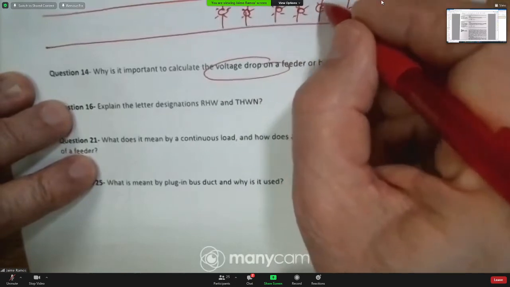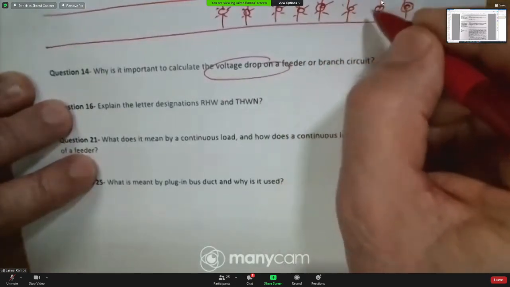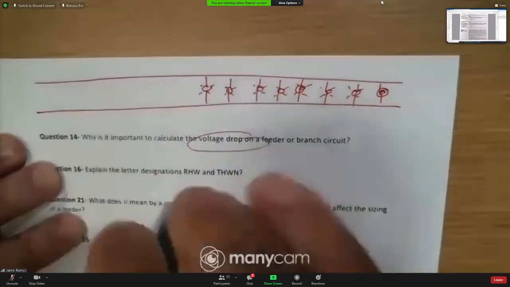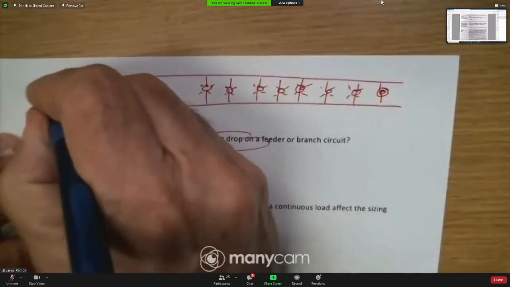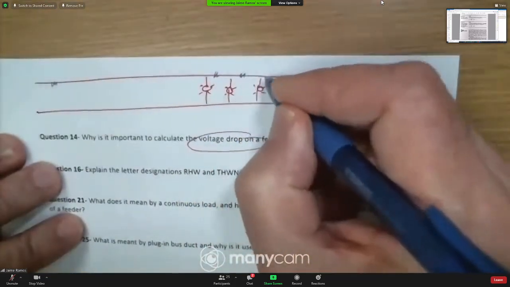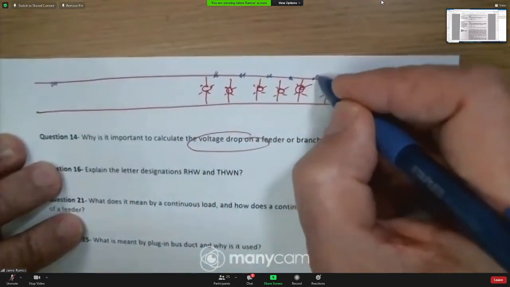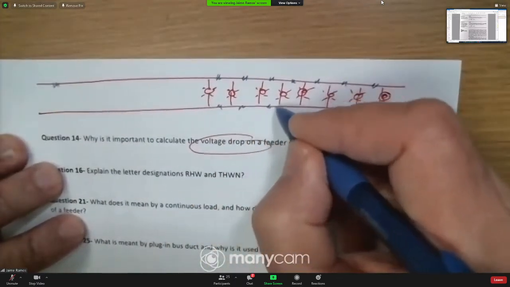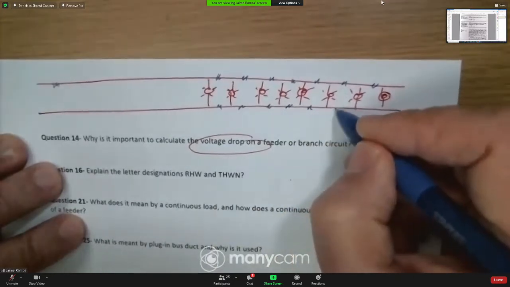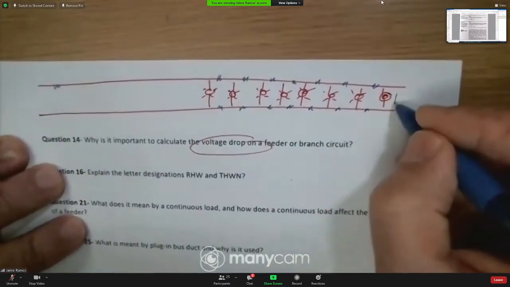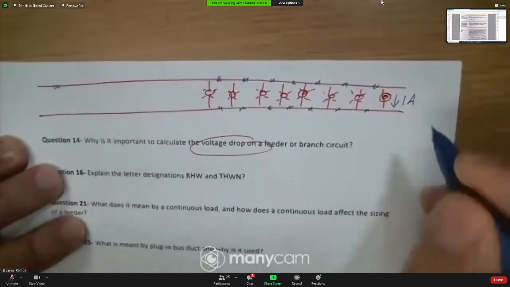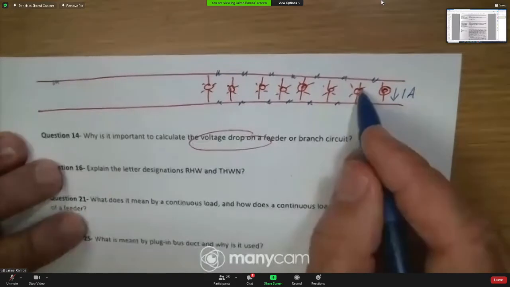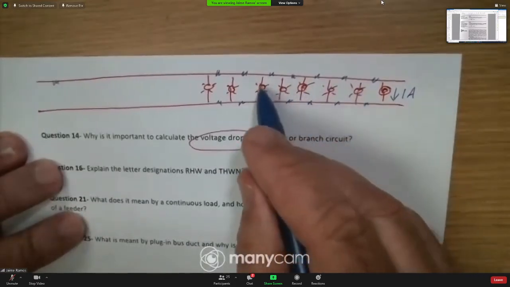They are in parallel. Okay, so we are going to have distributed resistance in the conductors. So imagine each lamp is taking 1 amp, 2 amps, 3 amps, 4 amps, 5 amps, 6, 7, 8.